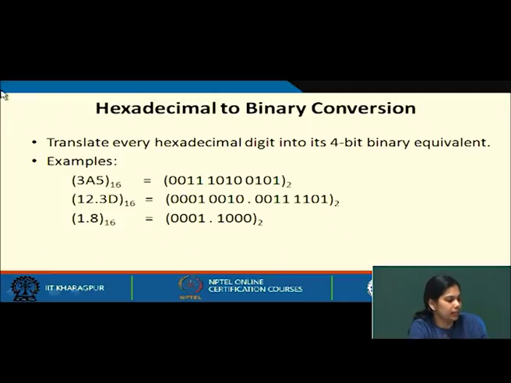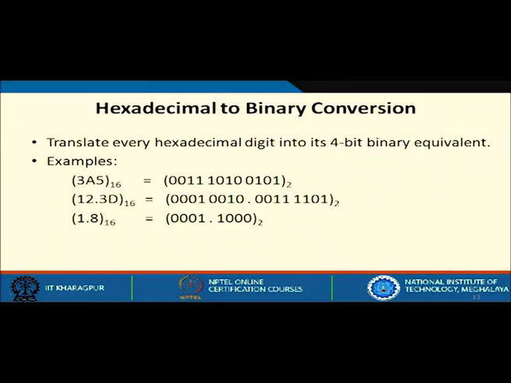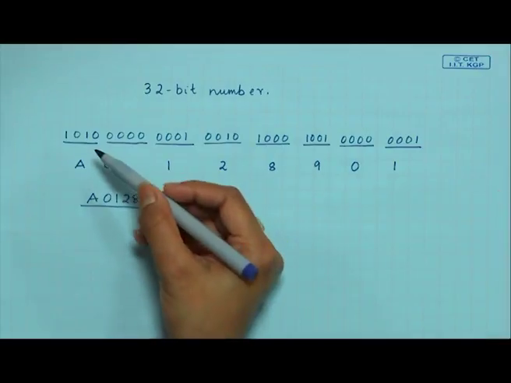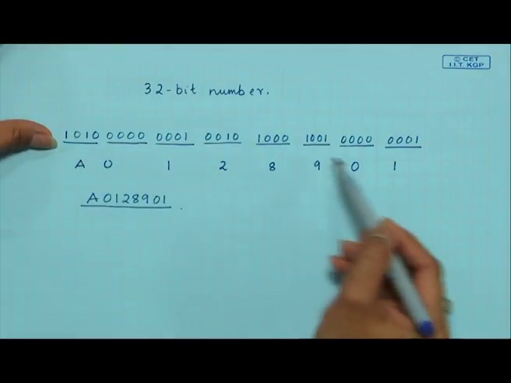Now, in a similar way, we can also convert a hexadecimal number to a binary number. Translate every hexadecimal digit into its 4 binary digits. So, let us see this same example which we have already done from a binary representation.